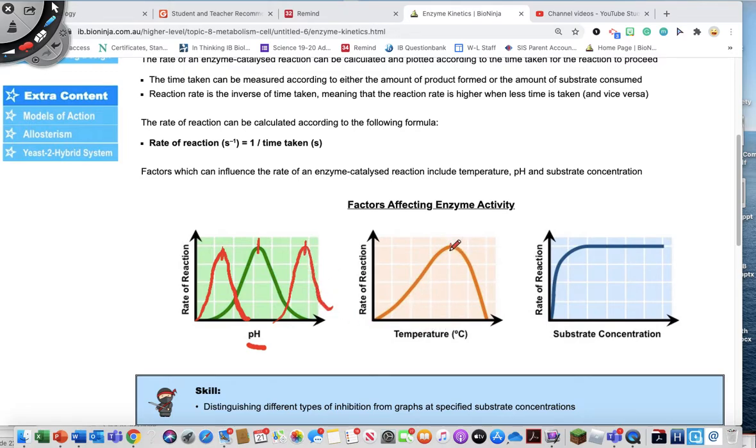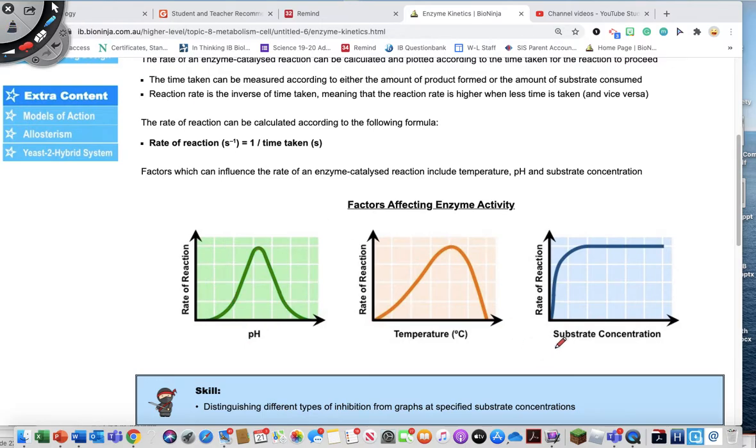The same thing for temperature. Every enzyme works at a different optimal temperature. If it's Taq polymerase, it's going to have a much higher optimal temperature up here. It might be an enzyme that has a lower optimal temperature here. So again, it depends on the enzyme and the condition of the organism.